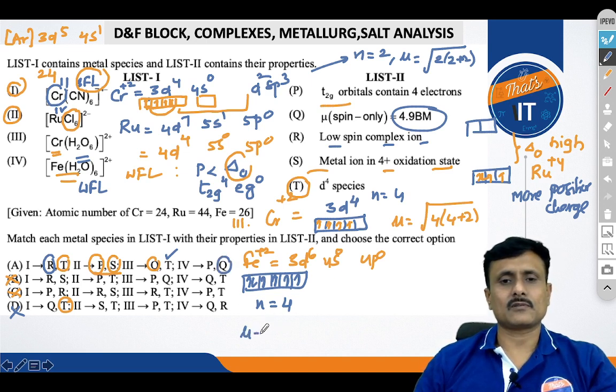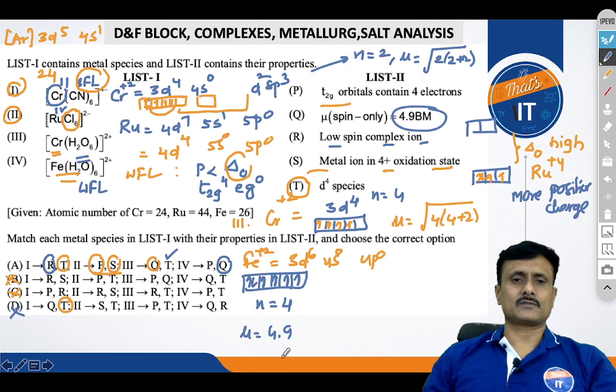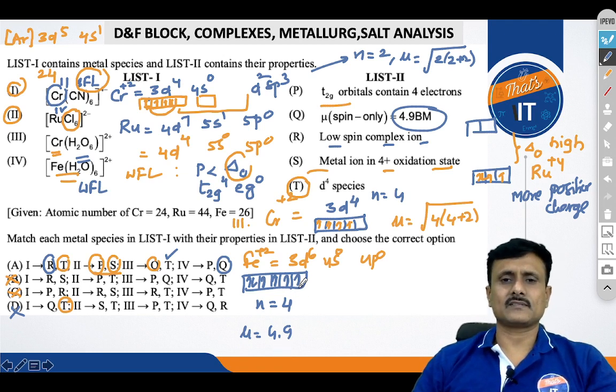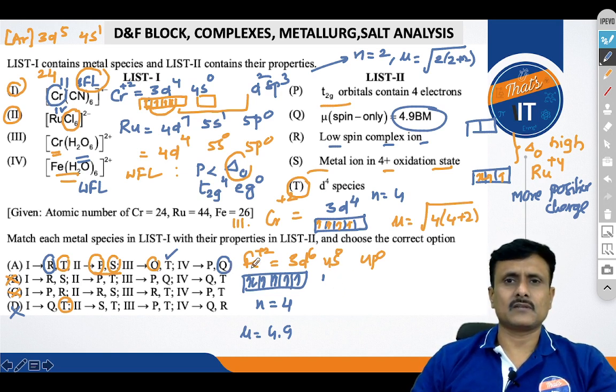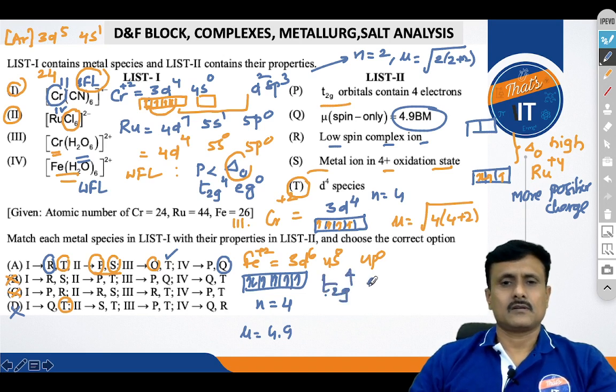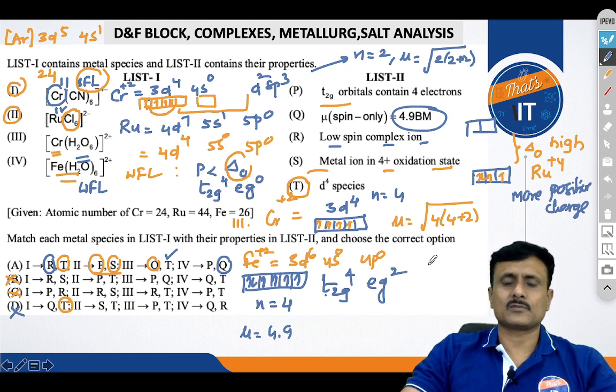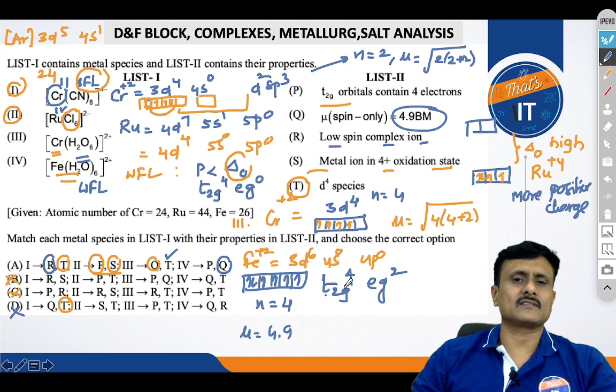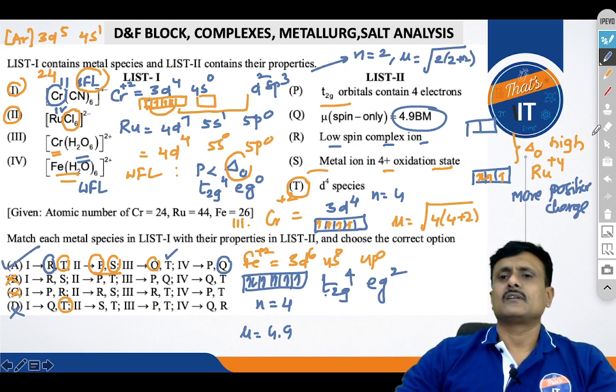Mu value is the square root of 4 into 4 plus 2. And then what about P? You can see that yes, there is no pairing. So mu is matching, and then P comma Q, isn't it? In the t2g orbital, total 6 electrons need to be filled. The electronic configuration of iron is this thing, right? So the right option is option A.